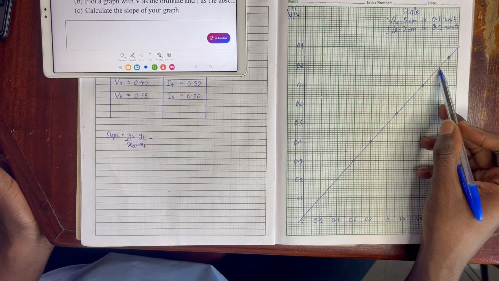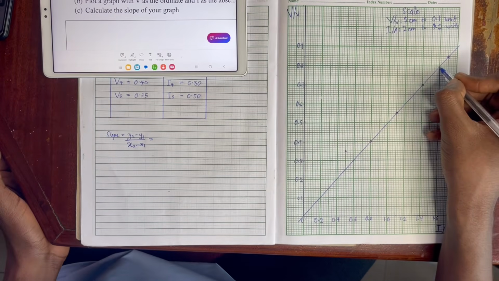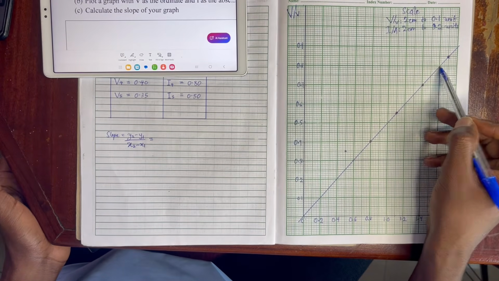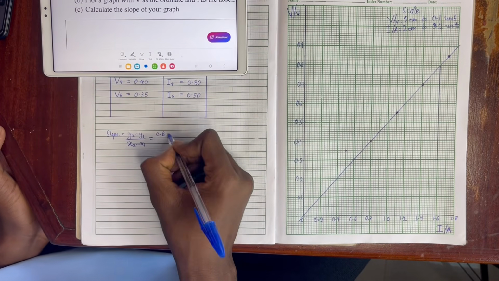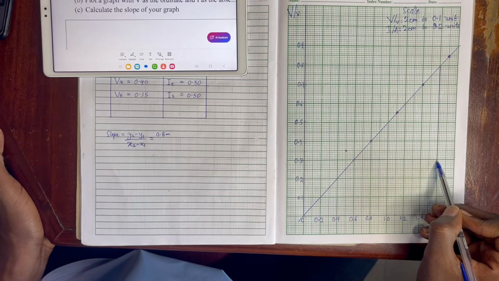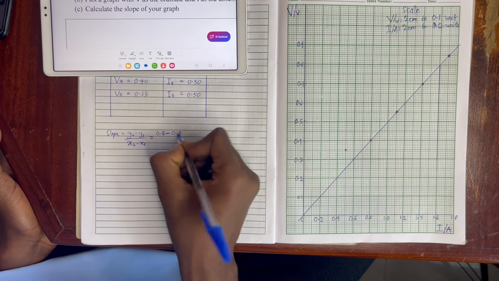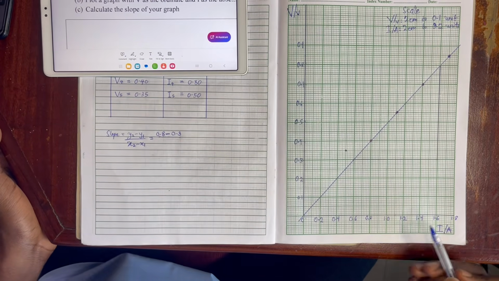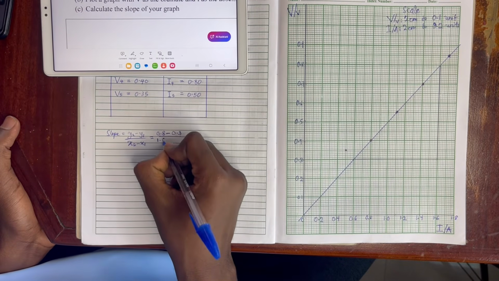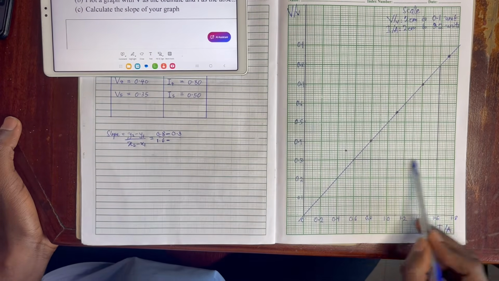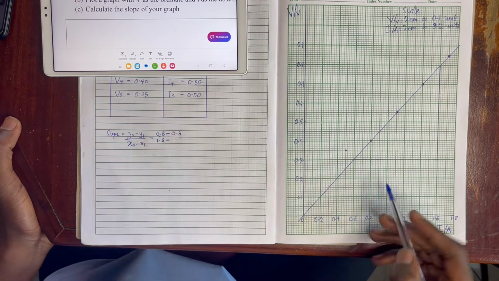So on the ordinates, my point for the slope, that's y2, is 0.8 minus, on the ordinate again, minus 0.3, all over x2, 1.6 minus 0.6. Very sure.